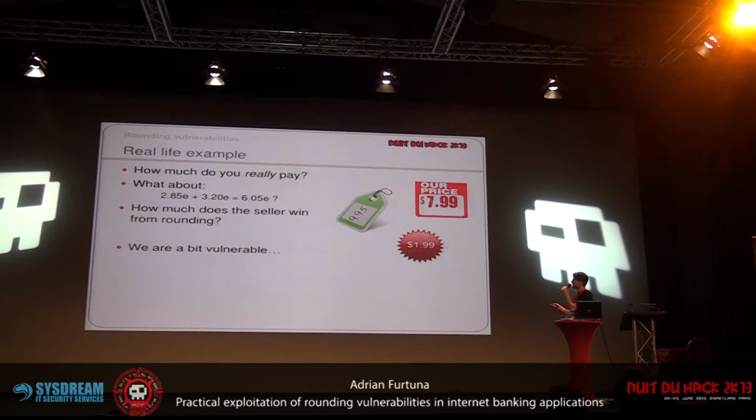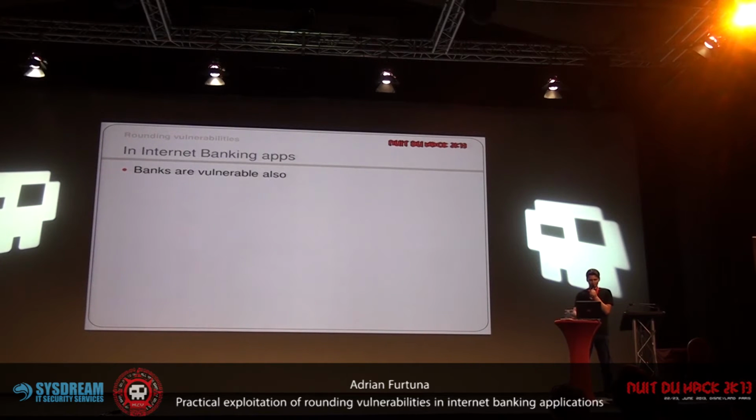I bet that they will choose the first one, because it looks smaller, but it isn't actually. You actually pay the same. So it's kind of a marketing trick. I said that we as persons are vulnerable to this issue, but the thing that I'm saying today is that banks are also vulnerable to this rounding problem.